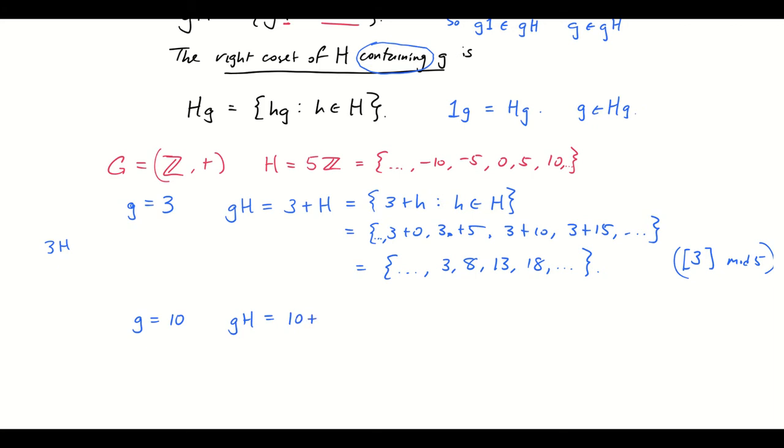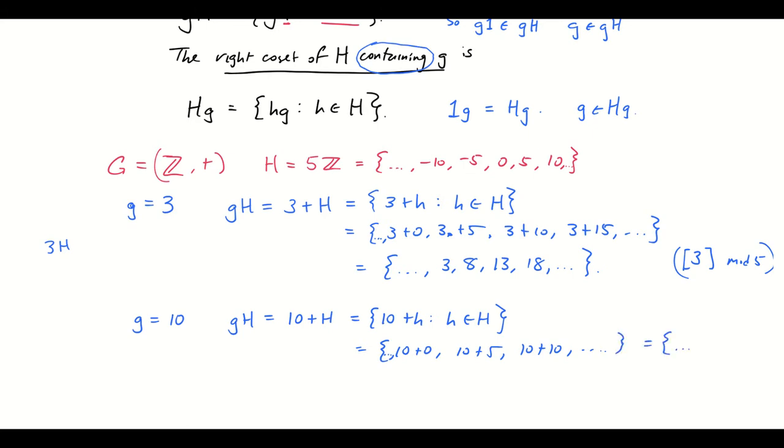Then GH would be 10 plus H, which is the set of all integers 10 plus H, where H comes from my subgroup. So that would be like 10 plus 0, 10 plus 5, 10 plus 10, and so on. And again, I should indicate that this goes on forever in both directions.